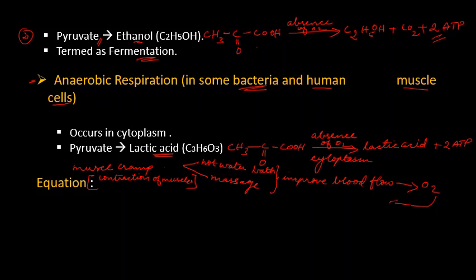This oxygen will break down the lactic acid and it gives carbon dioxide and water. And this way, the muscle cramp can be got rid of. So this is a result of the accumulation of lactic acid. Also we saw how we can get rid of this muscle cramp.